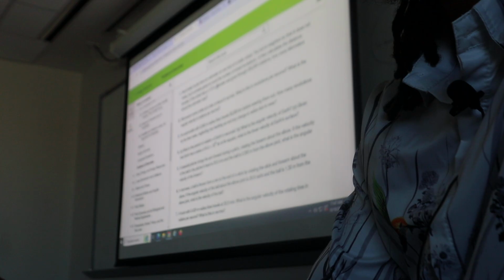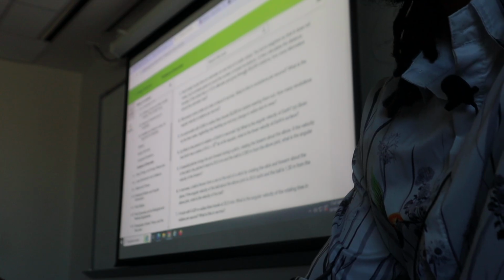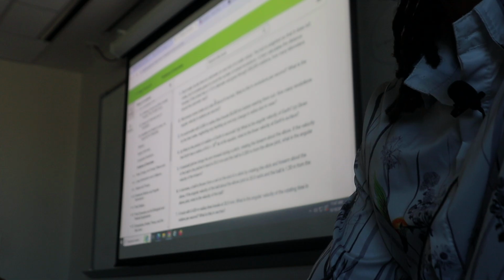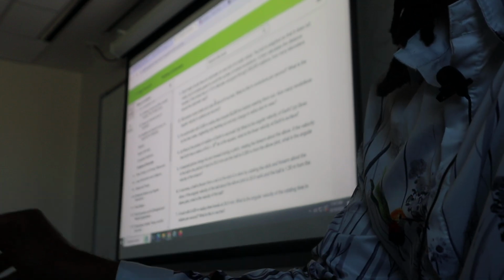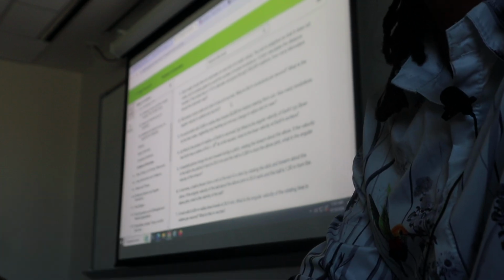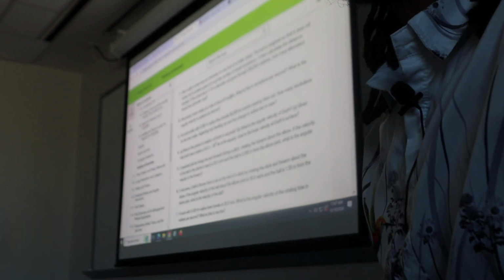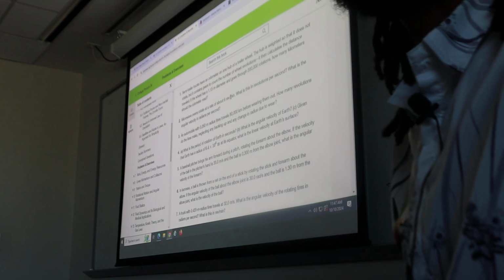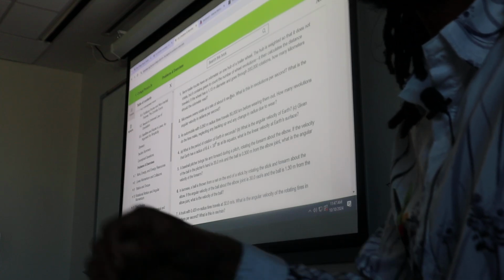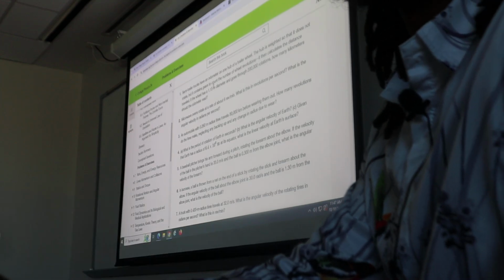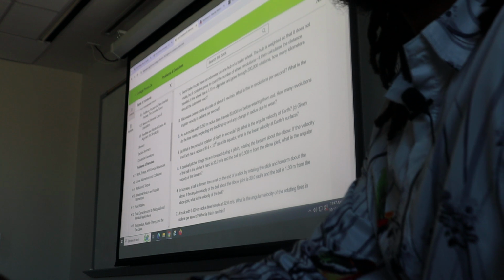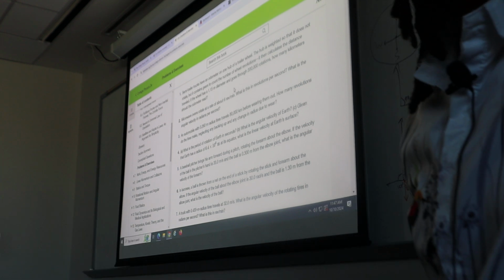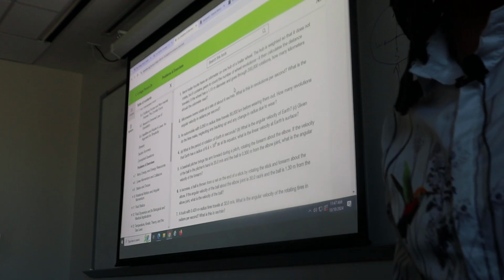If the wheel has a 1.15 meter diameter and goes through 200,000 rotations, how many kilometers should the odometer read? Alright, so we should have our revolutions.